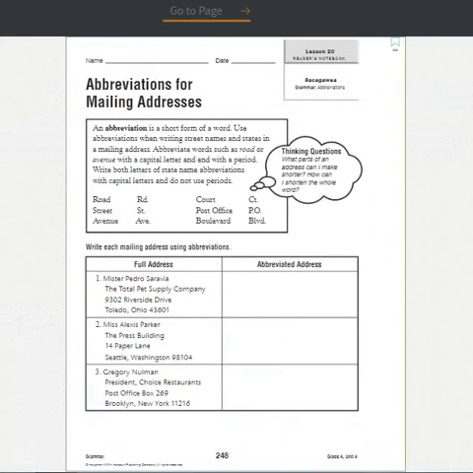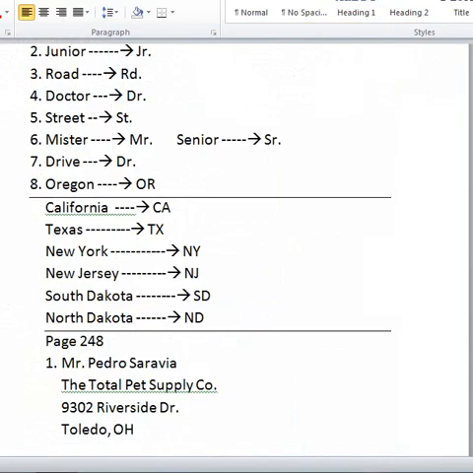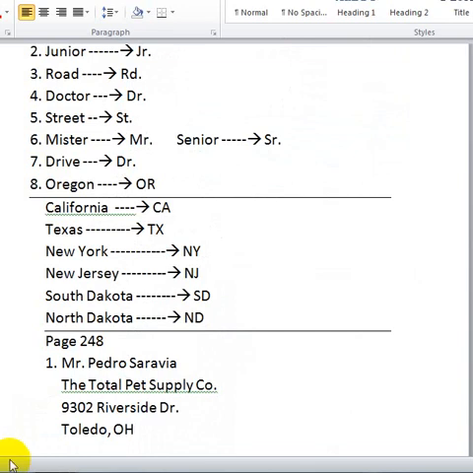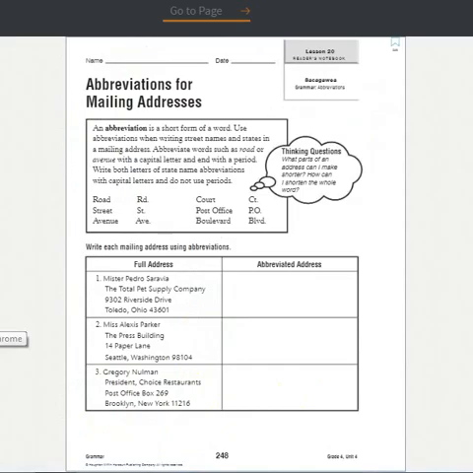It was 43601. Okay, so that was the first one. I did it with you over here. Pretty easy. Okay, and I want you guys to do number 2 and 3 on your own.